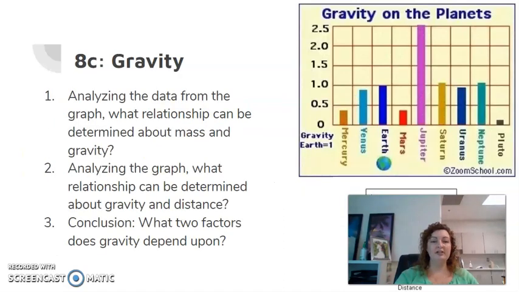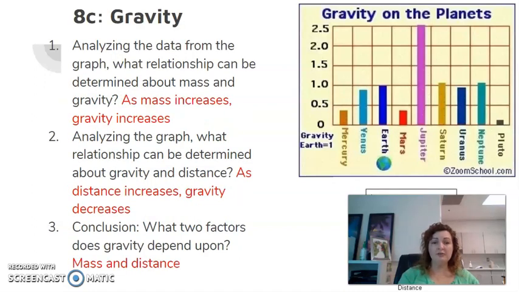The next one on your sheet is a graph. And it says analyzing the data from the graph, what relationship can be determined about mass and gravity? If we're looking at this graph, we can see that we have all of the planets from the solar system, and then we have their gravity on the y-axis. So if we look at this, we can see that as mass increases, gravity also increases.